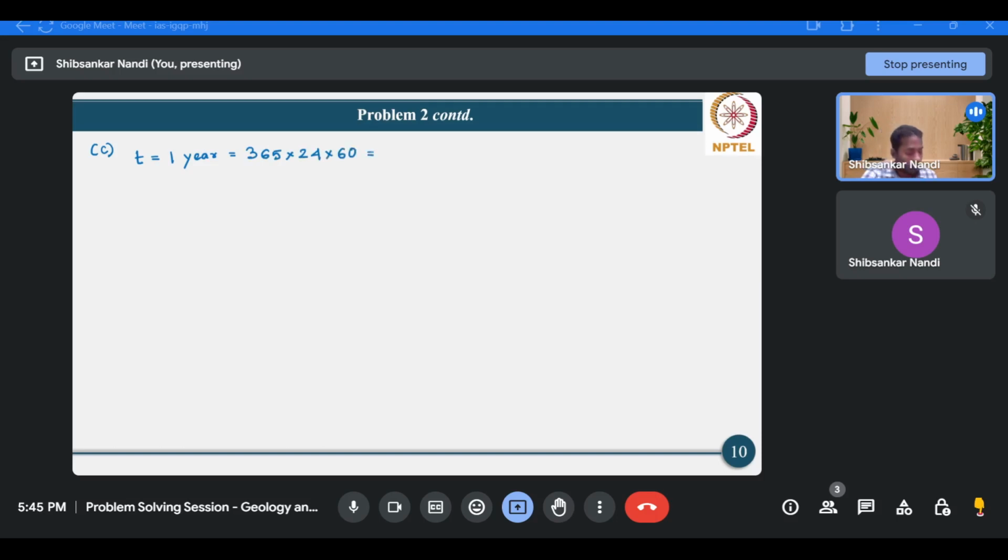So this much minutes, okay? So 365 multiplied by 24 multiplied by 60, that is 5.26 into 10 to the power 5.